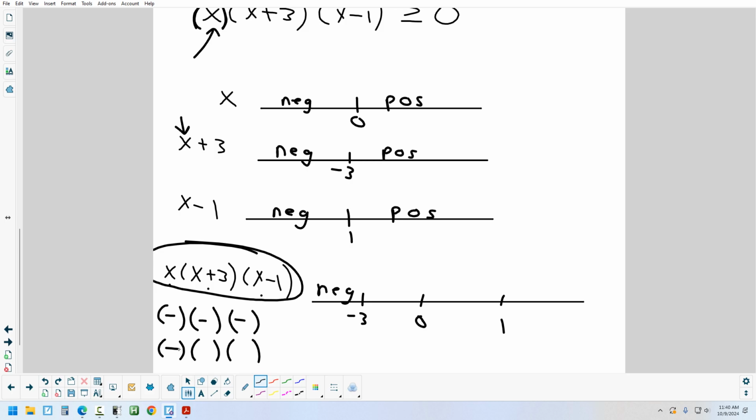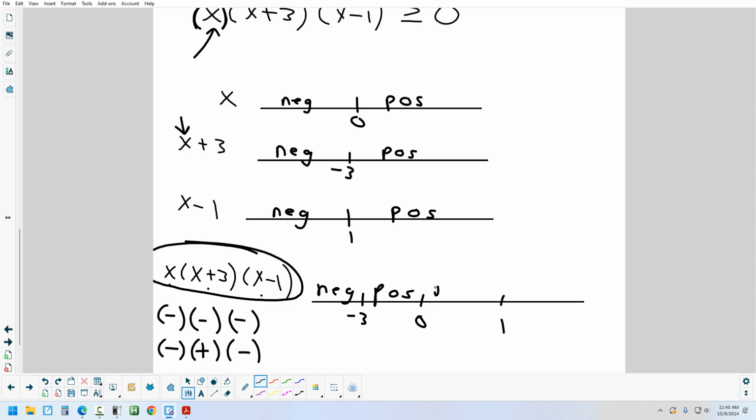How about in the middle number line, between -3 and 0? Now you're in the positive part. And how about in the bottom number line, between -3 and 0? Negative. You're in the negatives. And what would be the result of a negative times a positive times a negative? Positive. Positive. And that's just going to alternate.